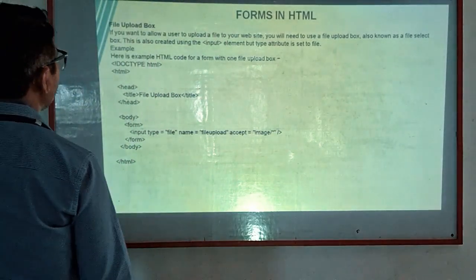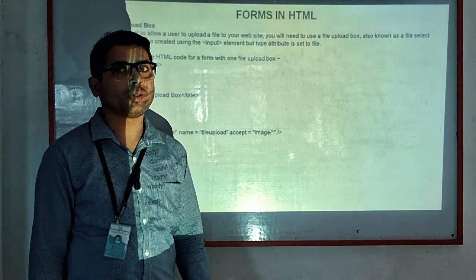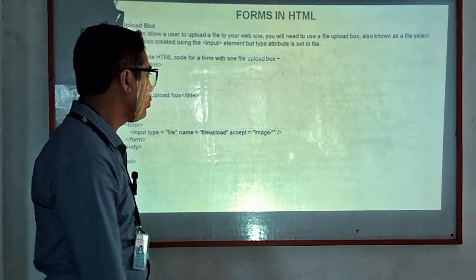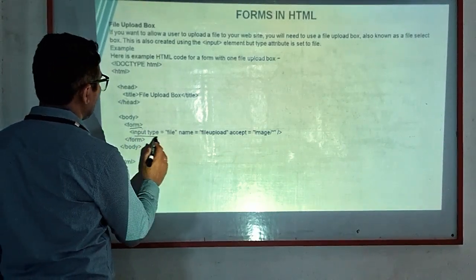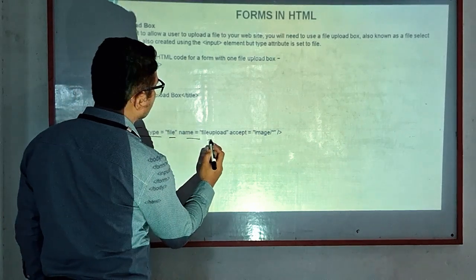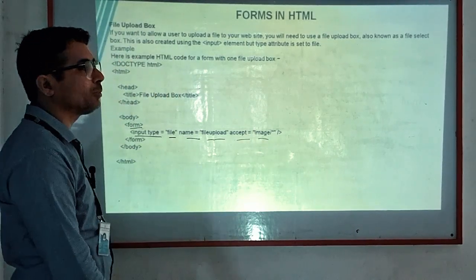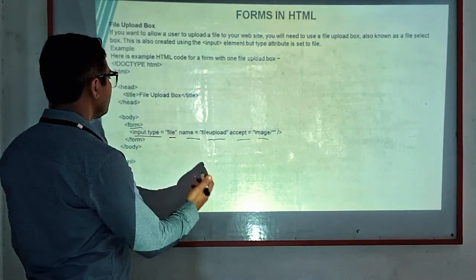You can also add a file upload option in the form. If you want the user to upload a file, then how can you do this? Inside the form, input type is equal to file, name is equal to file upload, and accept image. So if you are going to accept images only, then you have to mention the type of the file.